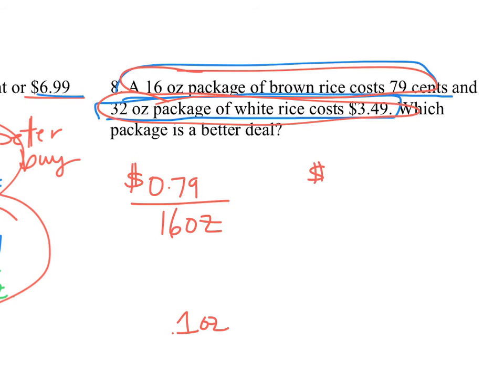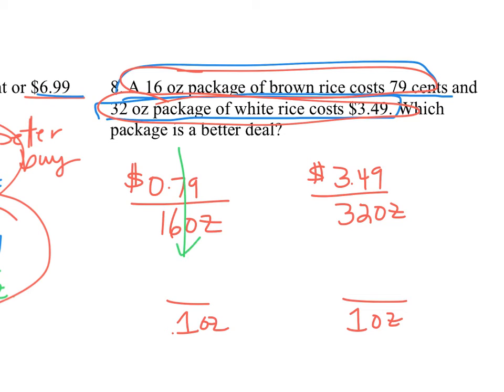And $3.49 for 32 ounces. I want to know how much for 1 ounce. Finding how much for 1. Okay, 0.79 divided by 16 will be $0.049.